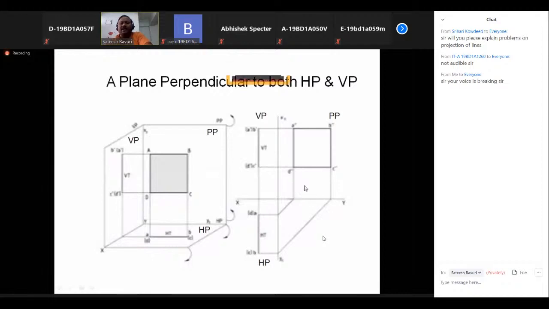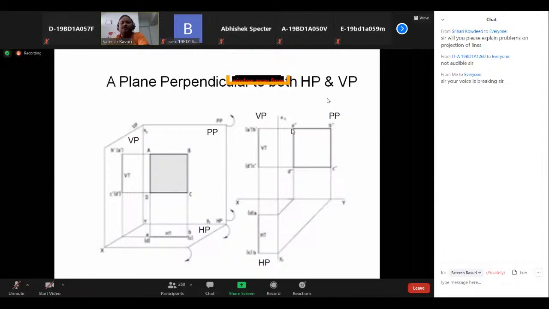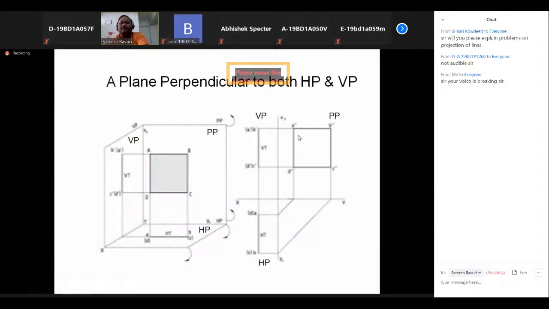By maintaining these two intervals, 30 mm and 15 mm from the horizontal plane and vertical plane respectively, you draw two lines of 40 mm each at right angles to each other. After that, you can complete the regular shape of the square like this: A dash, B dash, C dash, D dash.